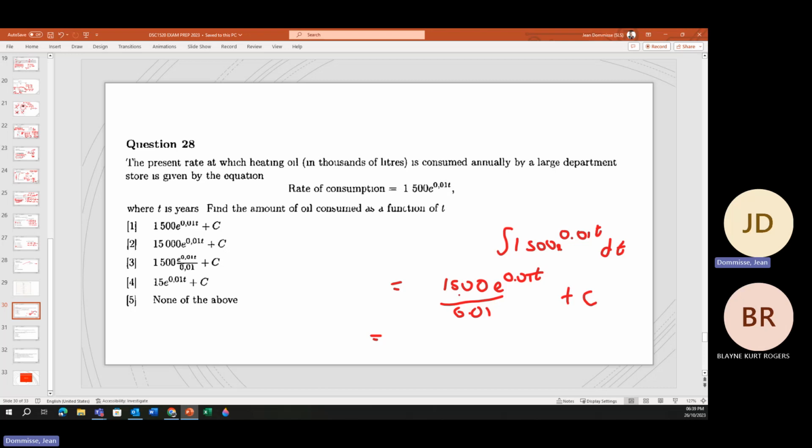So let me just check. Yeah, because that will become bigger, so it's not 15.